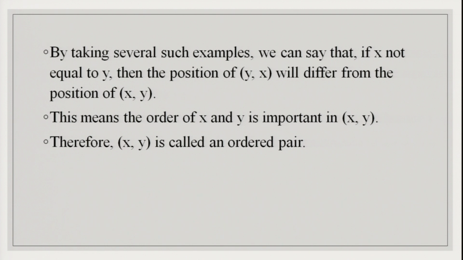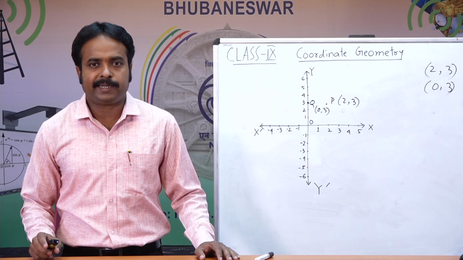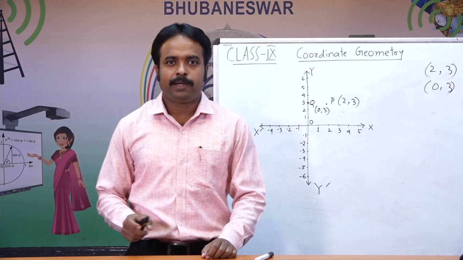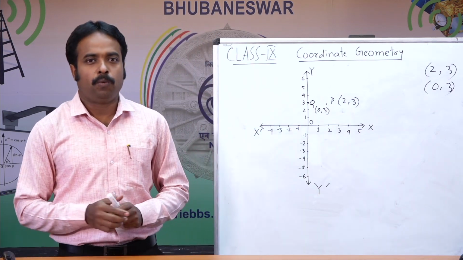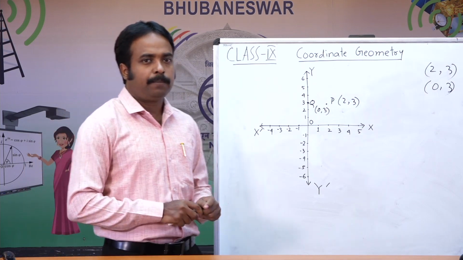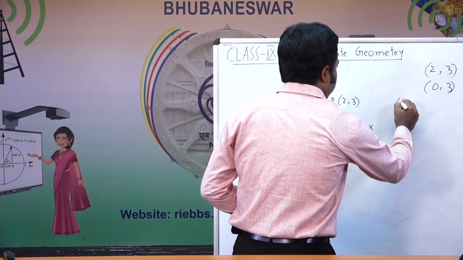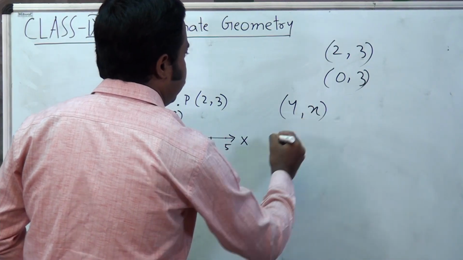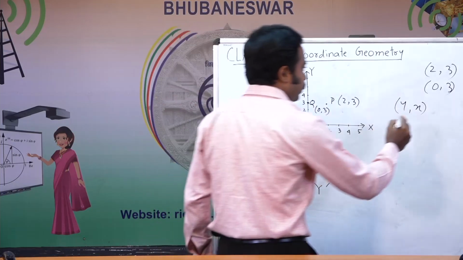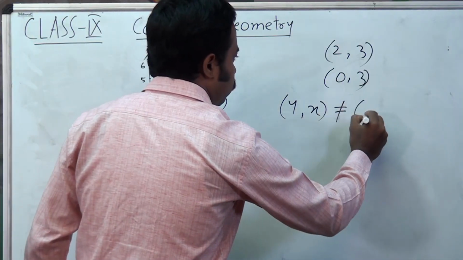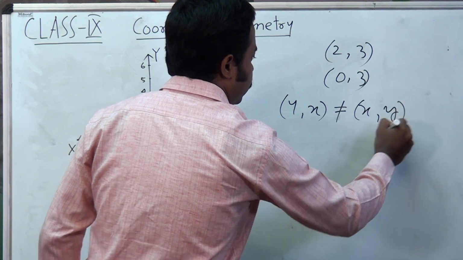So by taking several such examples, we can say that if x is not equal to y, then the position of (y, x) will differ from the position of (x, y). So if y is different from x, then (y, x) is not equal to (x, y).